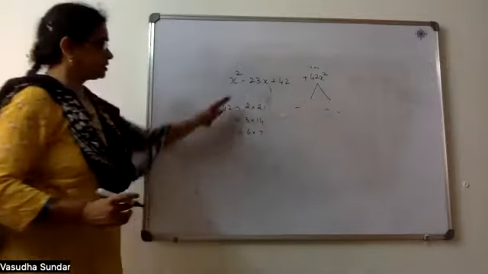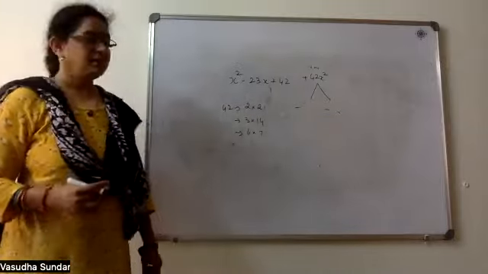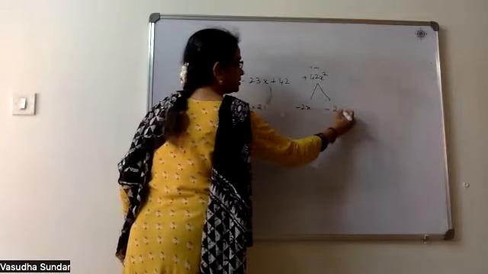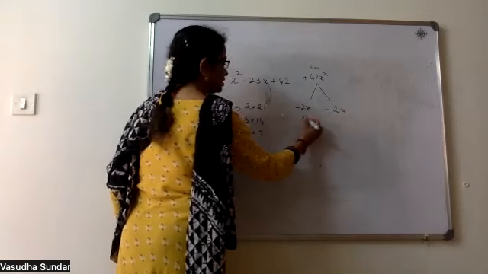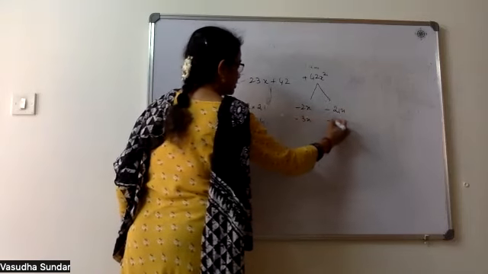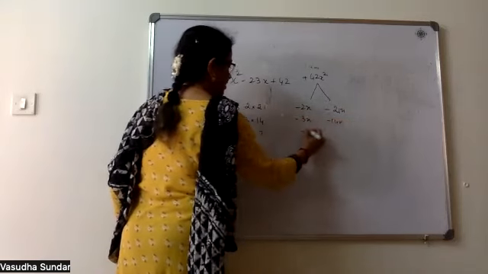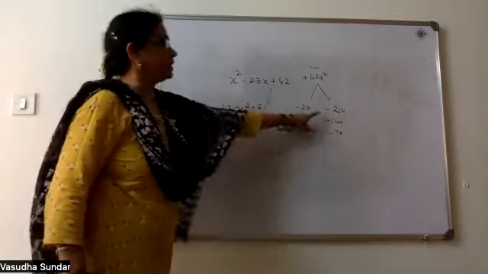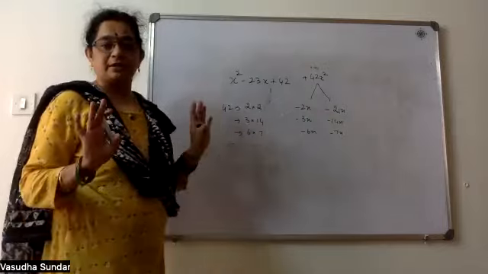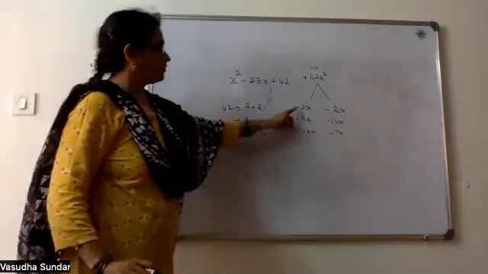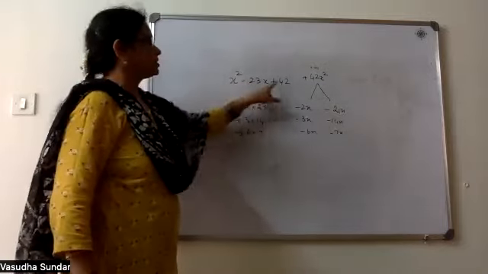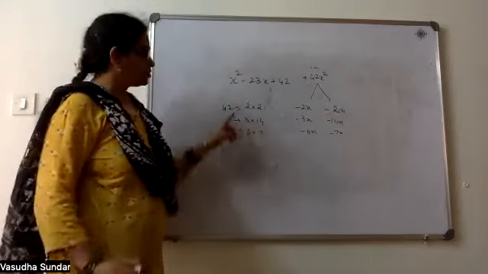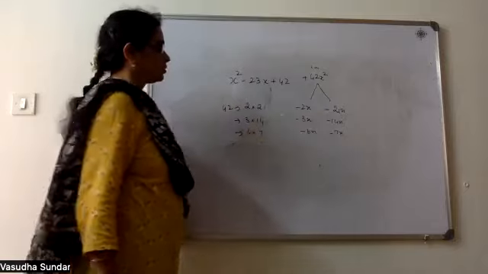Correct? Three possibilities. Now, let's try this: 2x, 21x; 3x, 14x; 6x, 7x. We know both of them should be negative. I have fixed the sign because the product is positive and the sum is negative, so I'm just putting 2x, 21x and so on.